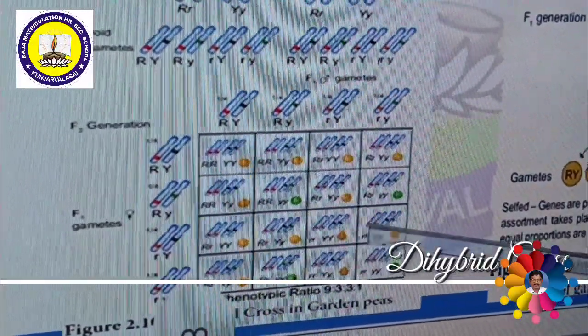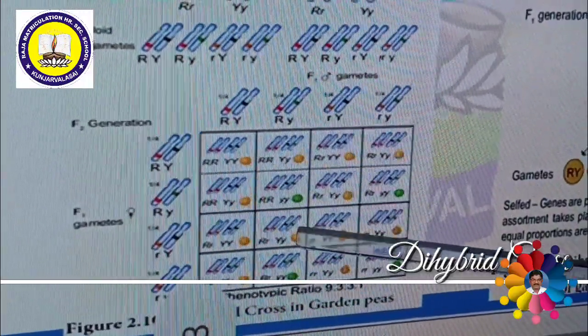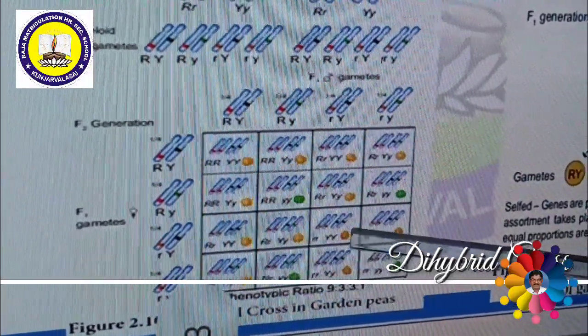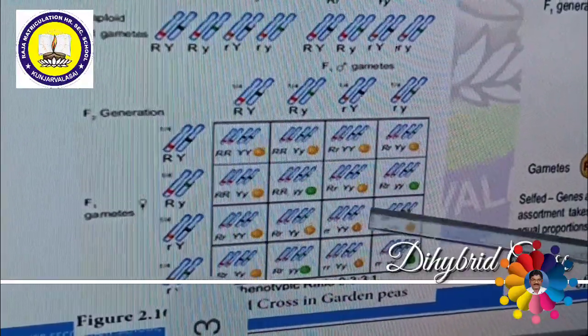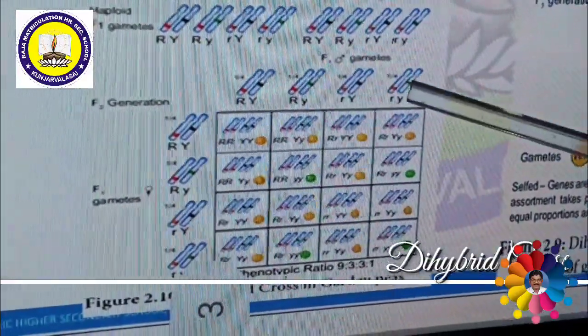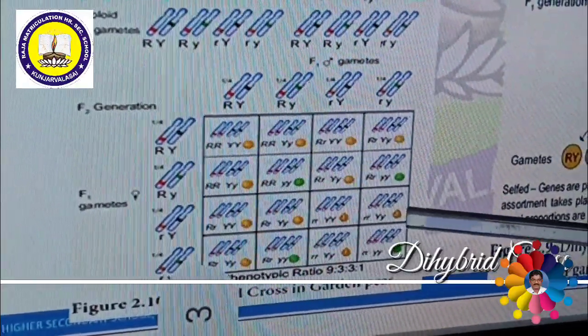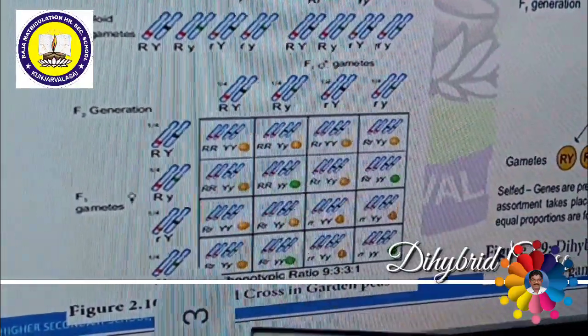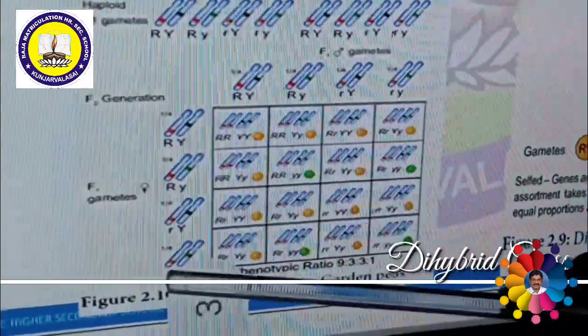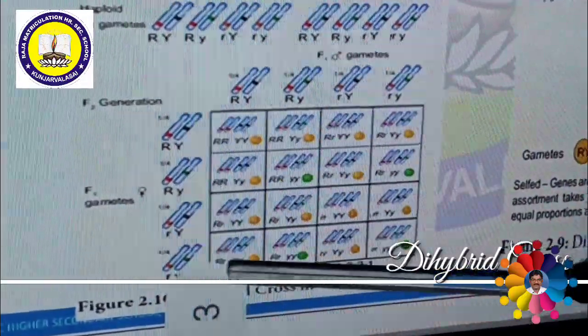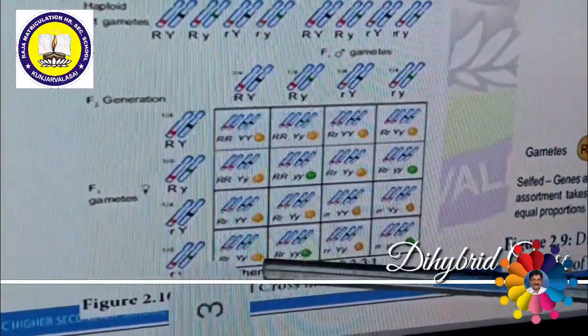That means the seeds are wrinkled. Here, round, but here, wrinkled. Wrinkled means the seeds are shrunken. Next, small r, capital Y, small y, wrinkled yellow. Then next, capital R, capital Y, small y. That means round yellow.